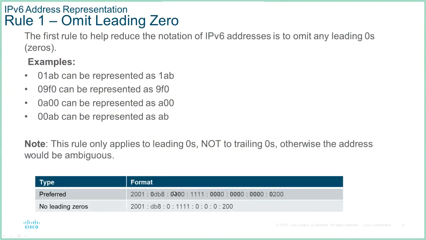So by omitting the leading 0, we're not changing the value between the 2 columns, because leading zeros do not change the overall value of the bits in that segment. So we know exactly how many zeros to put back when we need to use the address.